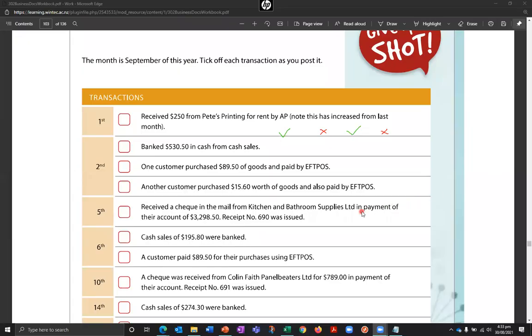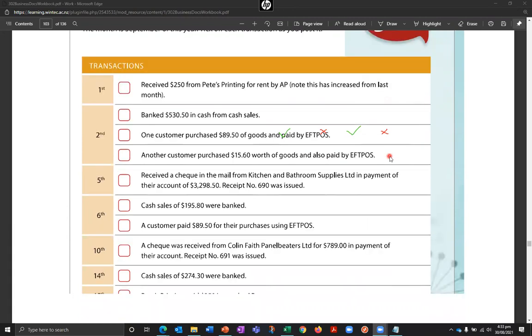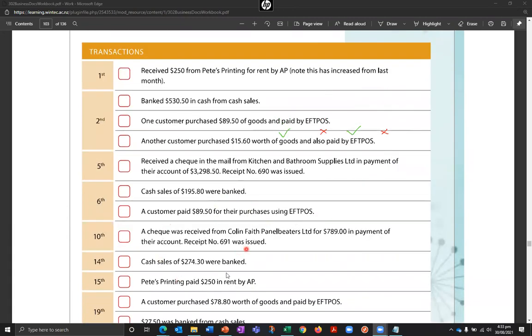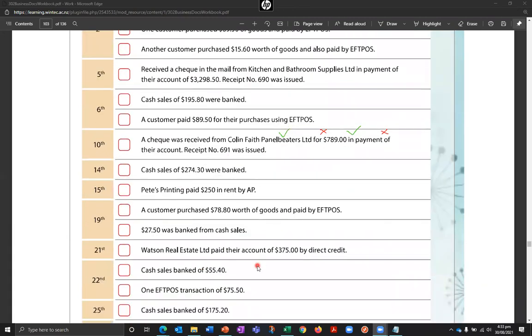So I have now shown you the first 5 transactions that you need to complete for your cash receipts journal. These are each a different transaction that you will need to enter into the cash receipts journal. Complete the rest of the journal by entering in the rest of these transactions.